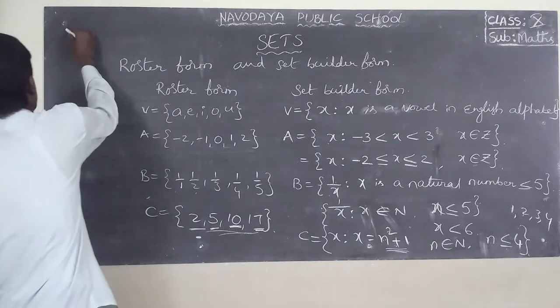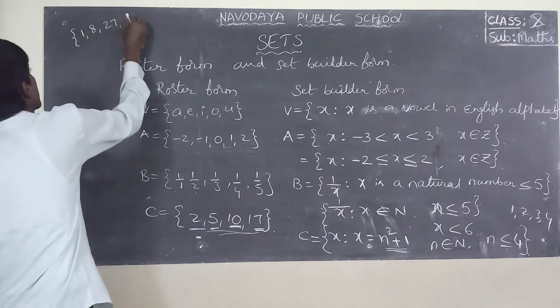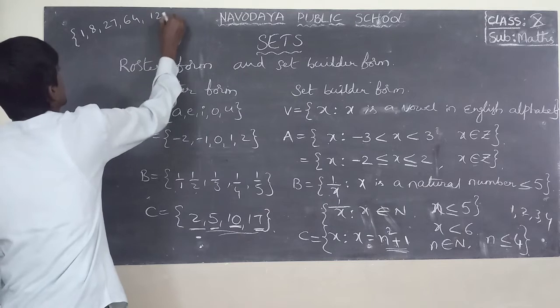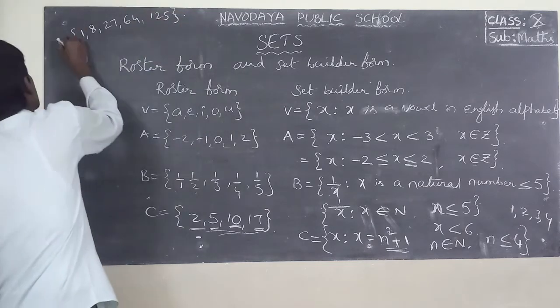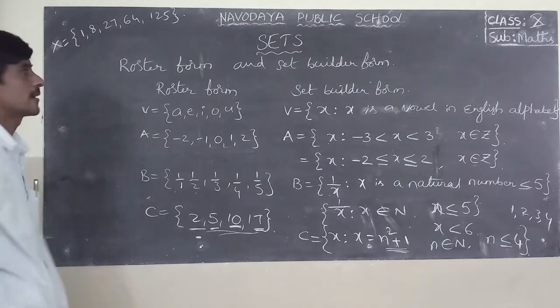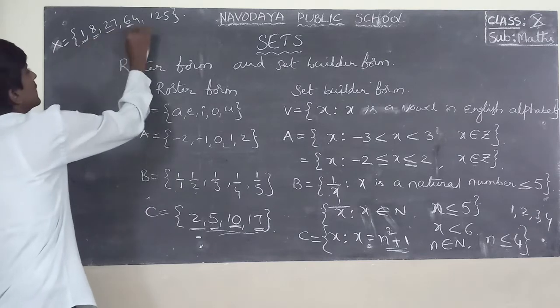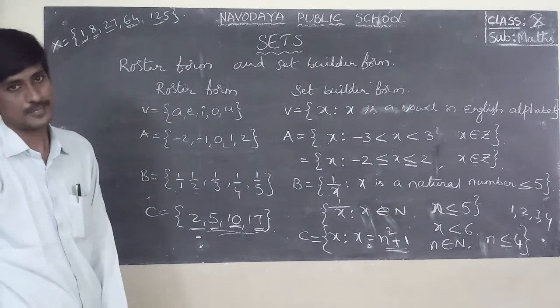For example, given like this: 1, 8, 27, 64, 125. Write the set builder form. What are these numbers? These are the cubes.